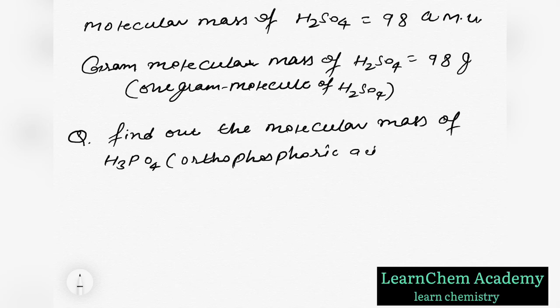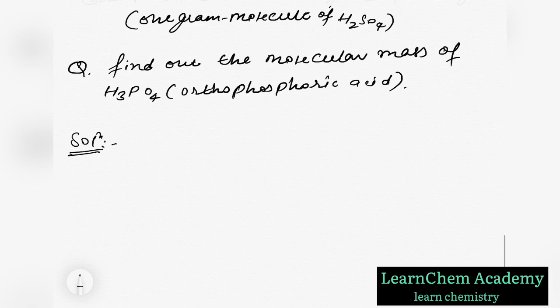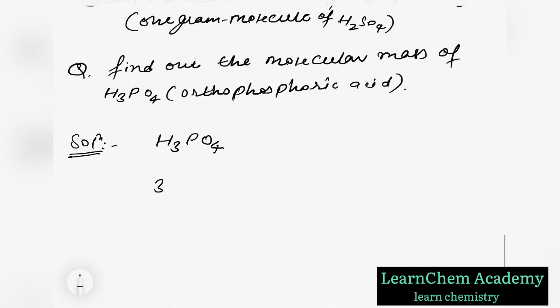How will we calculate the molecular mass? In the molecular formula of H3PO4, it contains 3 hydrogen atoms, 1 phosphorus atom and 4 oxygen atoms.